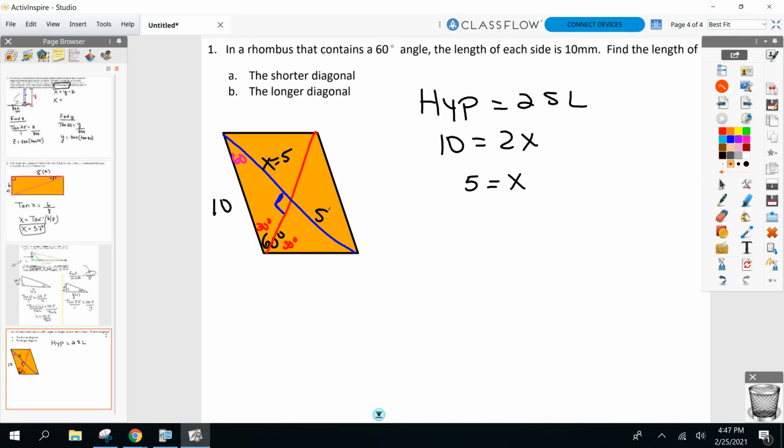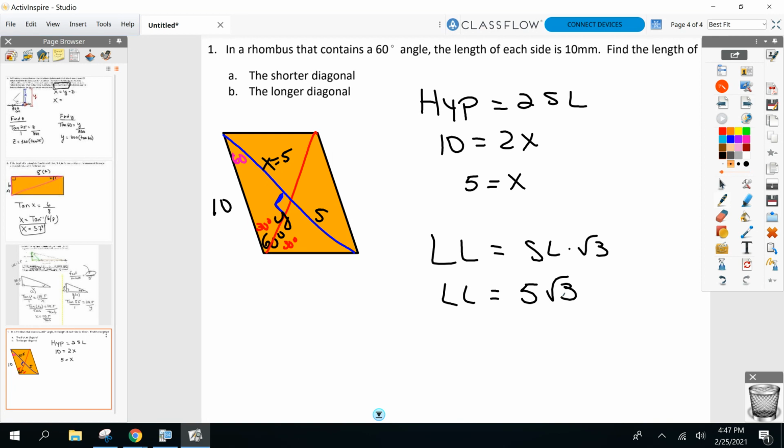Ready? All right, go back to my 30, 60, 90 triangle now. I'll call this longer leg y. How do we find the longer leg when we wrote down the rules today? Short leg times radical 3. So my longer leg is going to be 5 radical 3 because I just found the shorter leg to be 5.